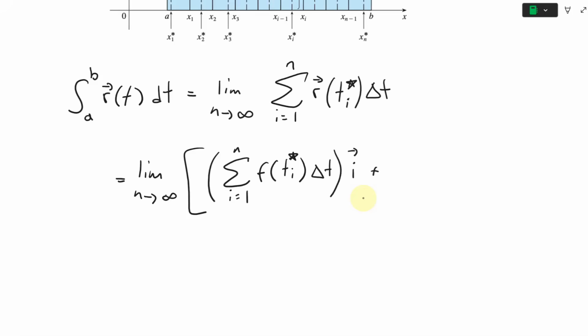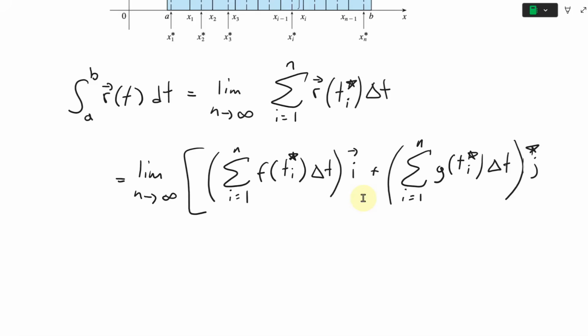Now the next one is going to be the same thing. i equals 1, and g is the y component. And then put the ti star there, delta t. Oh, whoops, delta t. And then this is j. Then keep going.